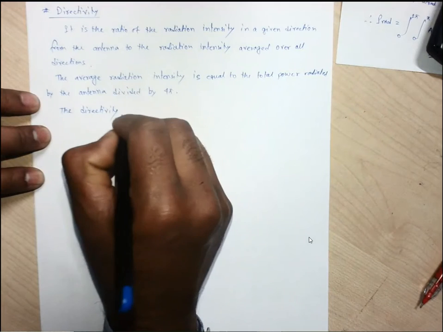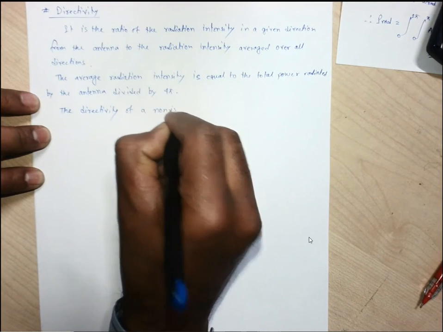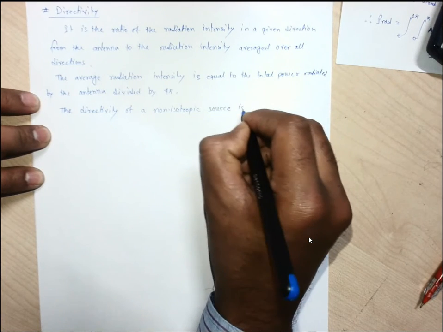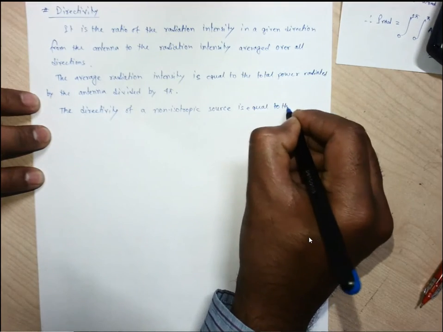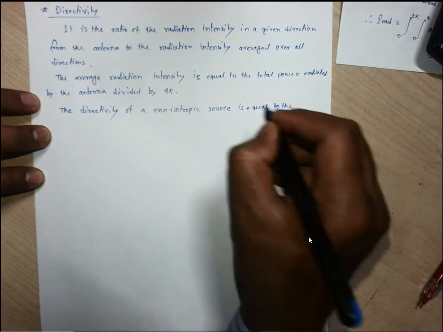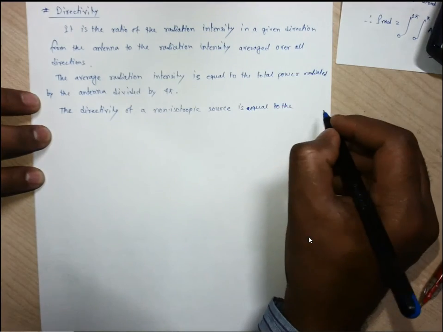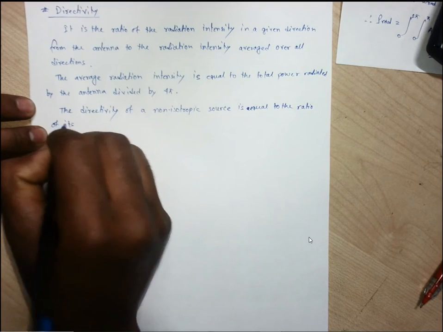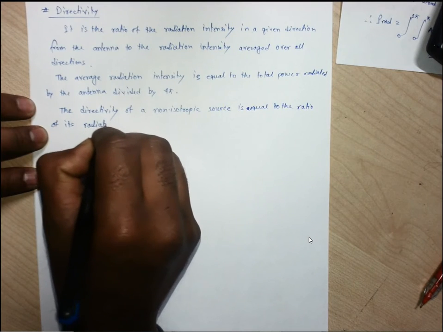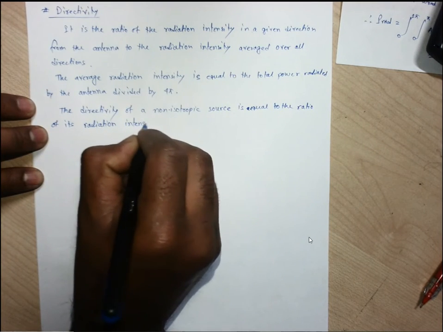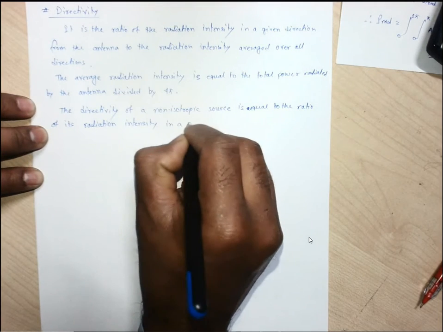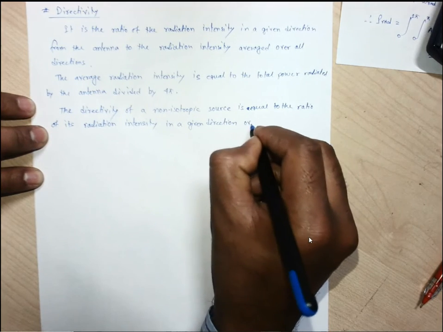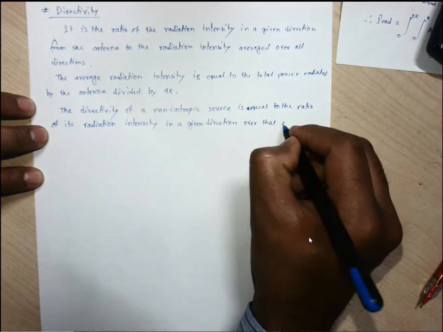The directivity of a non-isotropic source is equal to the ratio of its radiation intensity in a given direction over that of an isotropic source.